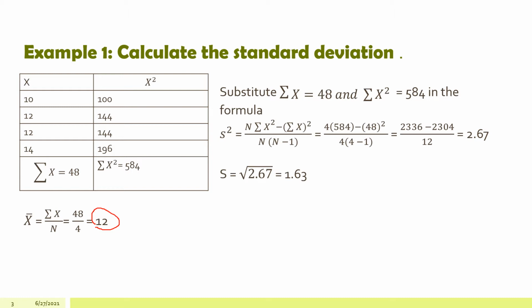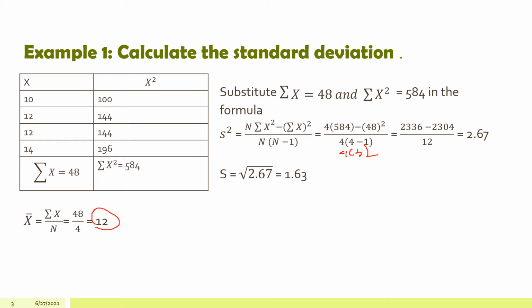So that's why we have this now: n times the sum of x squared minus the square of the sum of x. So that is 4 times 584, because 4 is our n. Minus 48 squared. So that is 2,336 minus 2,304, divided by 12 because 4 times 3 equals 12.